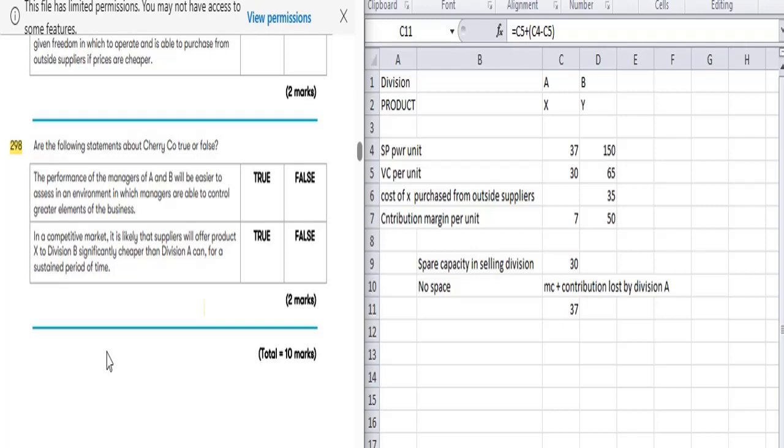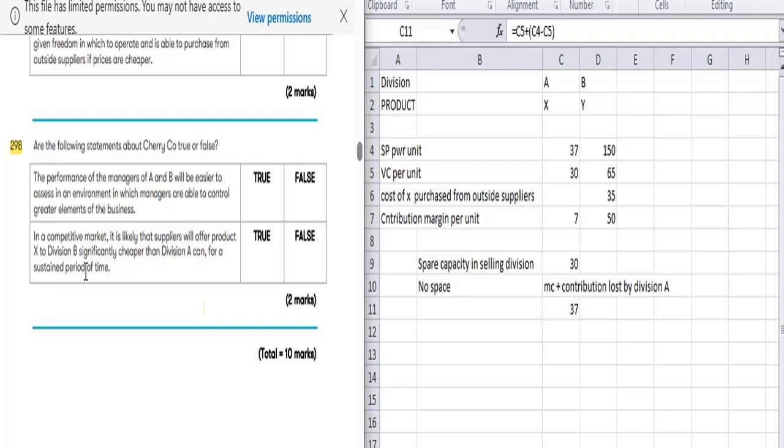So in a competitive market, if the buying department buys the goods from the division within the organization, in that case there are a few costs which will be saved. For example, packaging, selling cost, shipping cost, it all will be saved.